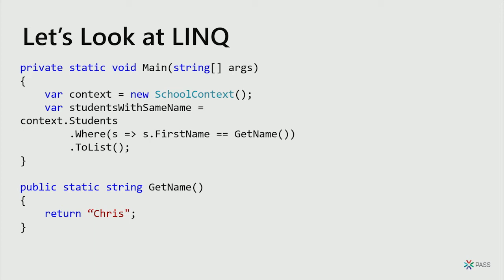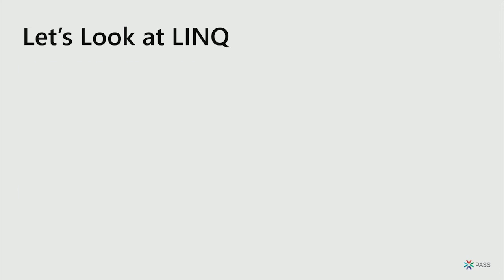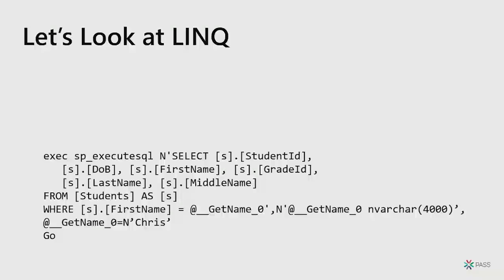So if I run this and I take a look at what is sent across the wire over to the SQL Server, it's that SQL statement. It's this select statement. So it's actually an exec sp_executesql, and then it's a string. And in the string, because I have that where clause and I called that function, that actually will be set to a parameter, and then the parameter is created.